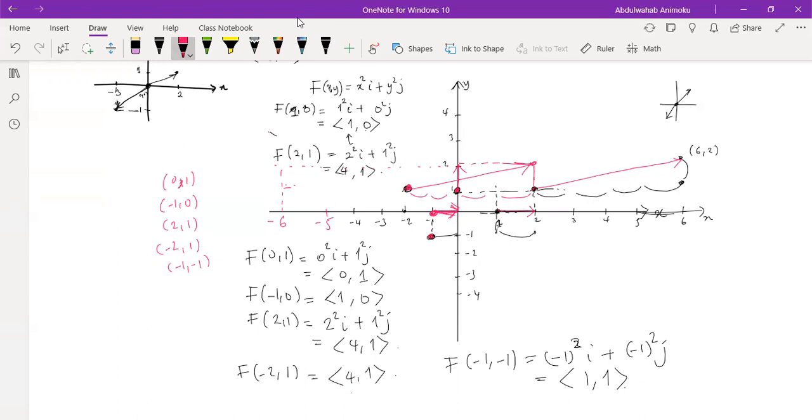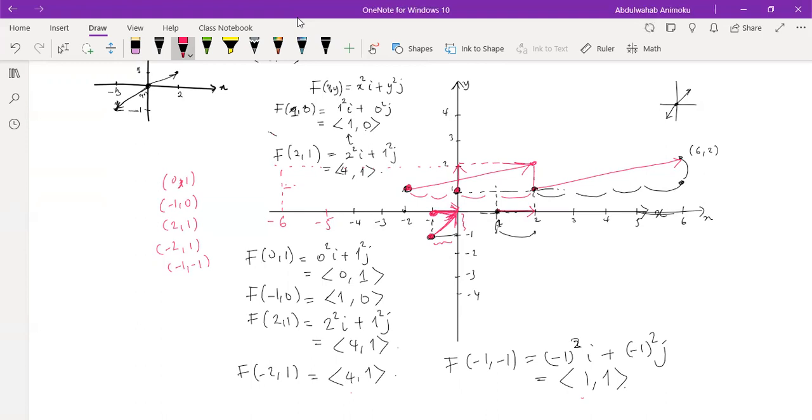What will be the vector? 1 unit in the X direction and 1 unit in the Y direction. So it will be this vector up to the origin. That will be the direction of that vector at that point. So this is how we draw a vector field.